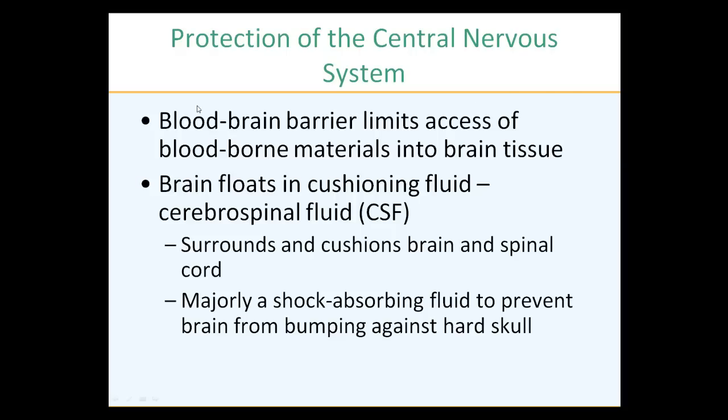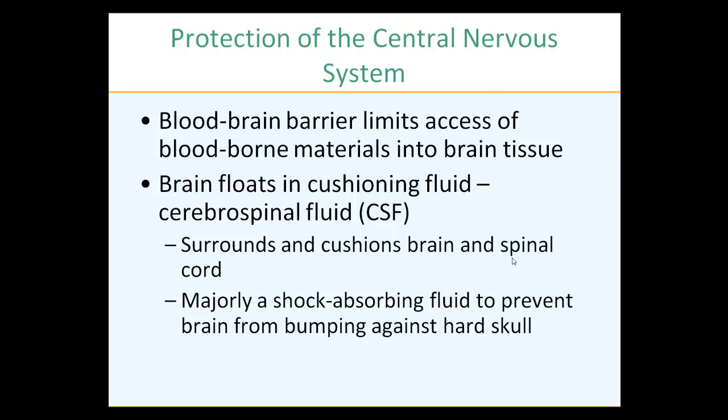So back now to the cerebrospinal fluid, that it surrounds and cushions the brain. What's interesting about the cerebrospinal fluid, it has very little protein. But it has almost the same density as the brain, so it makes the brain almost weightless, suspended in a fluid of the same density.